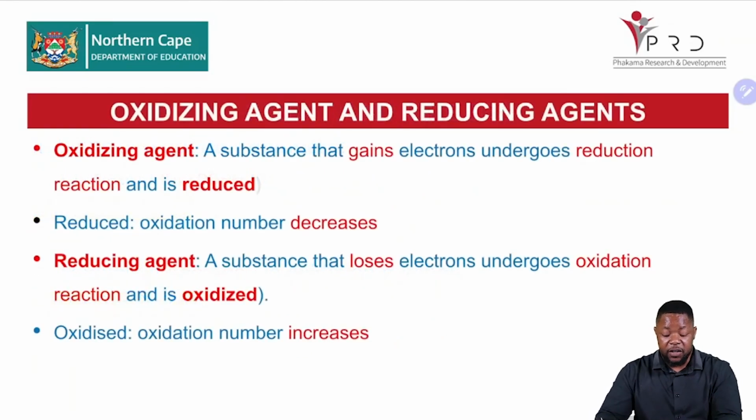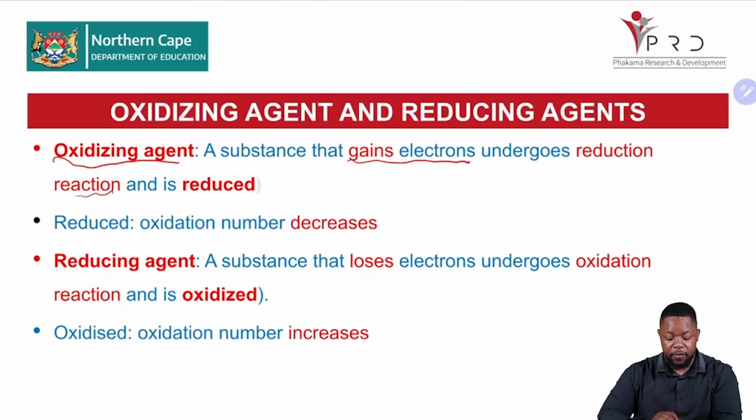Oxidizing agents and reducing agents. The oxidizing agent is a substance that gains electrons and undergoes reduction, and we say that it is reduced. I will repeat.